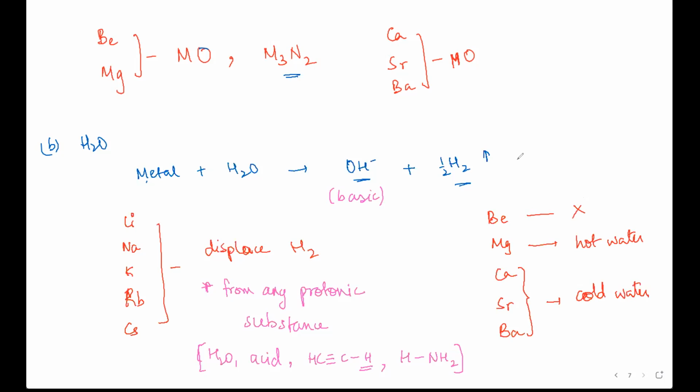The reaction remains the same, just that the tendency to react is different. So the bigger atoms are more reactive, so they are capable of reacting with cold water. Magnesium is not as reactive, so you need to push it a little. So you increase the temperature, with hot water it reacts. Beryllium is not at all reactive with water. It does not react with cold water or hot water.